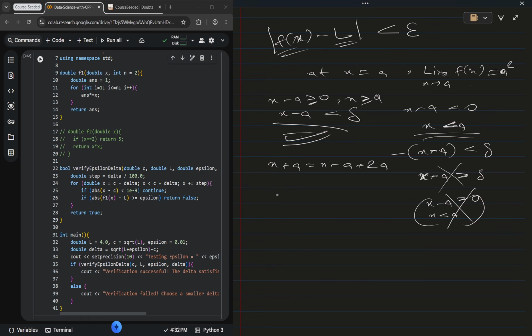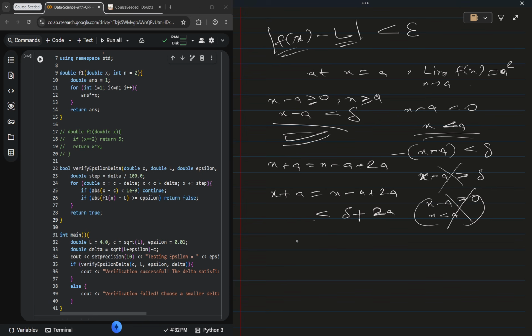Then |x plus a| is less than or equal to delta plus 2a. Let's say we have a equals 2, then you have delta plus 4 over here. Let's not worry about that at all.